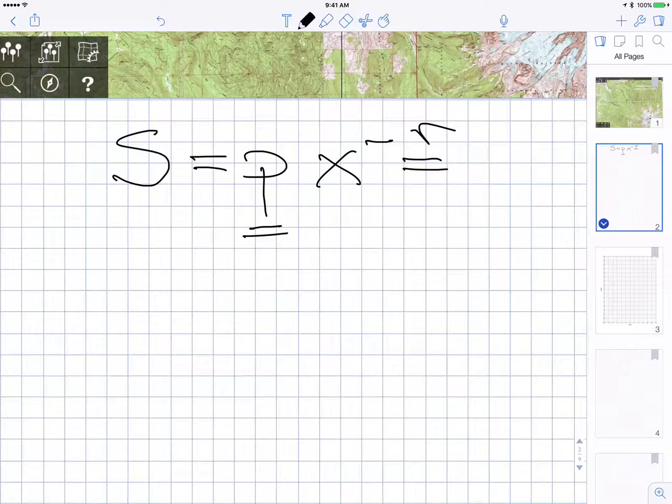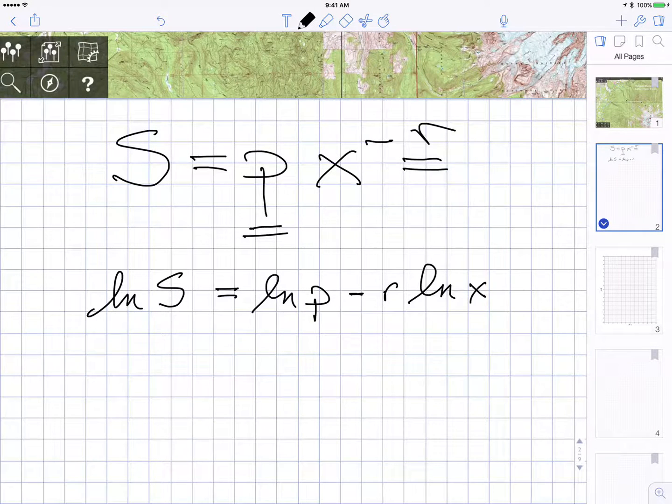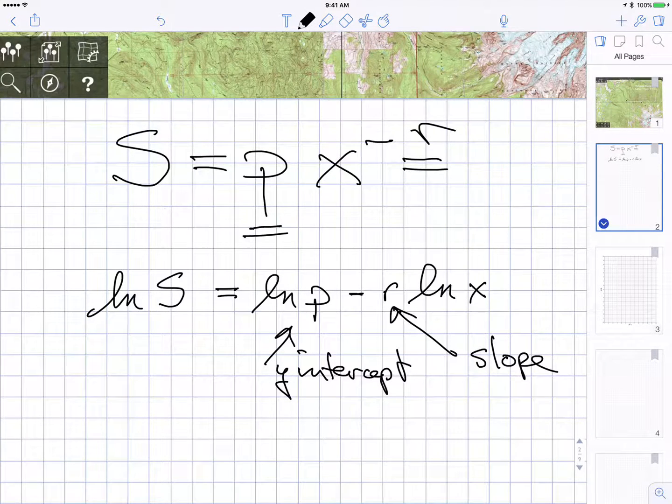As we showed before, with logarithms, this can be turned into the natural log of s equals the natural log of p minus r natural log of x, and that's essentially the equation of a straight line, where this would be the y-intercept, and that value r would be the slope, and we're going to see it will be a negative slope.